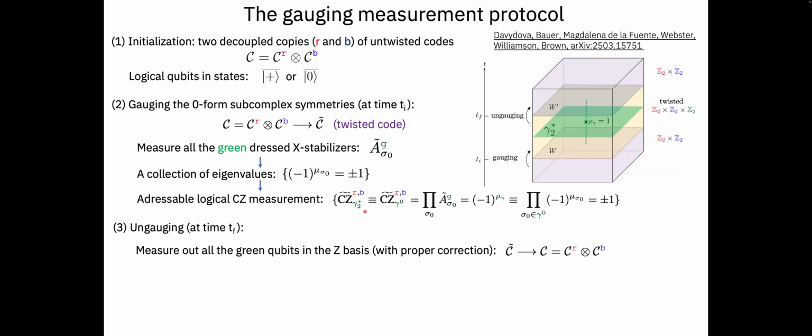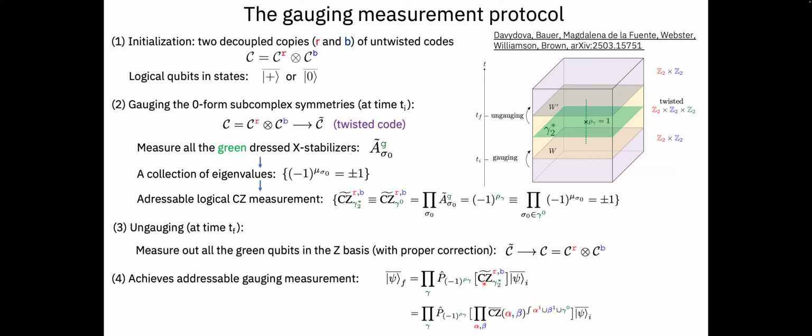Then once you've done that, you will ungauge this twisted code back to the original code. And the whole process basically achieves a measurement of this zero form subcomplex symmetry. Depending on your measurement value, it's either +1 or -1.